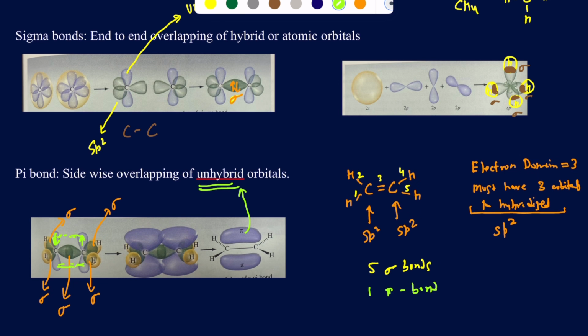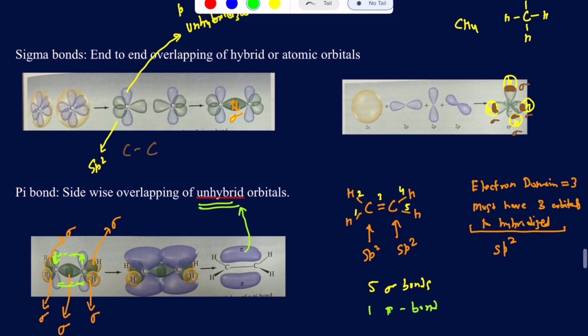So remember the difference between the sigma and pi bond. The sigma bond is an end-to-end overlapping of typically hybrid orbitals, but sometimes just atomic orbitals as well, like in the case of hydrogens. A pi bond is a sidewise overlapping of unhybridized orbitals for the most part.